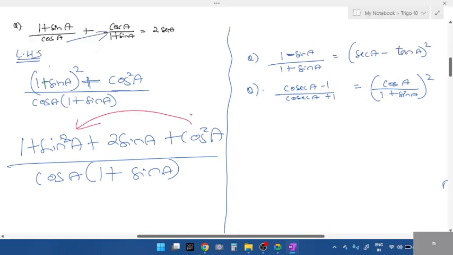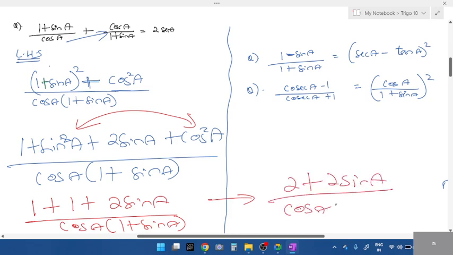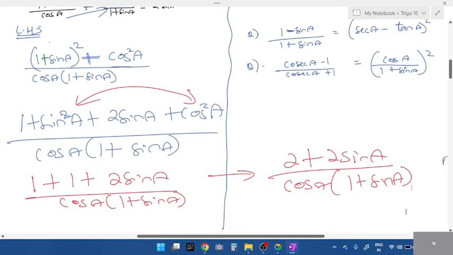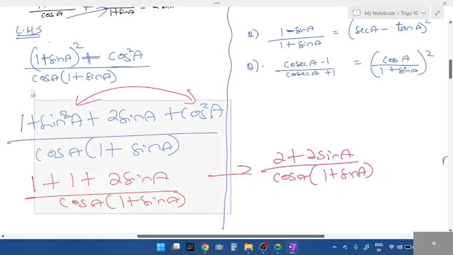Cos square A and sin square A, what do you get? 1 plus 1, what is left? 2. So here you get 2 plus 2 sin A divided by cos A into 1 plus sin A. When you take common, all of you got the answer, right? Take common and complete it.